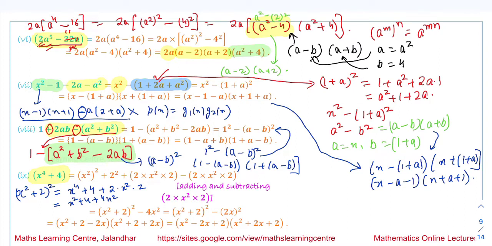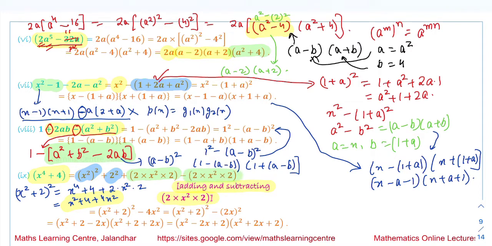So this term we have obtained over here, 4x square, we add and subtract from the given expression, and write it in this form: x raised to power 4, we are writing x square whole square, 4 is 2 square, and we have added and subtracted this term 4x square.